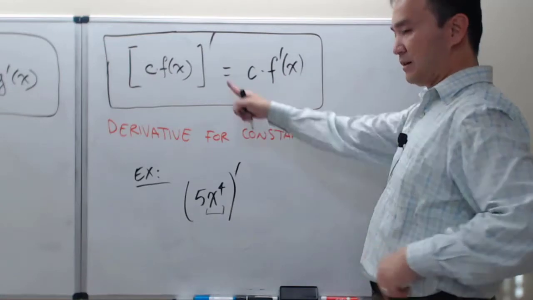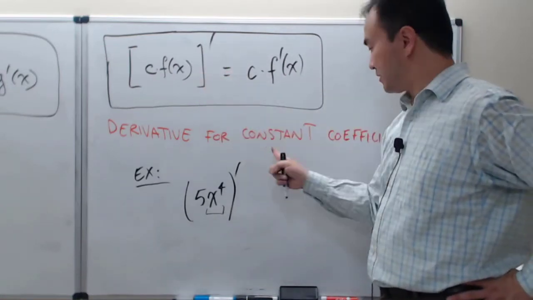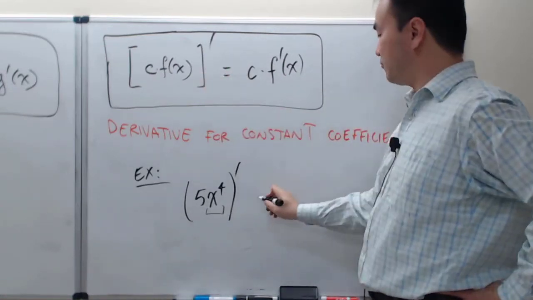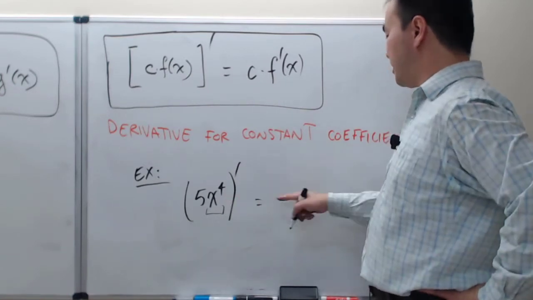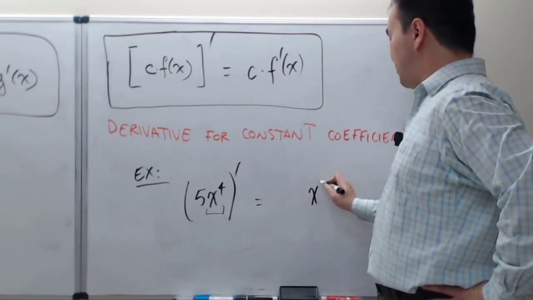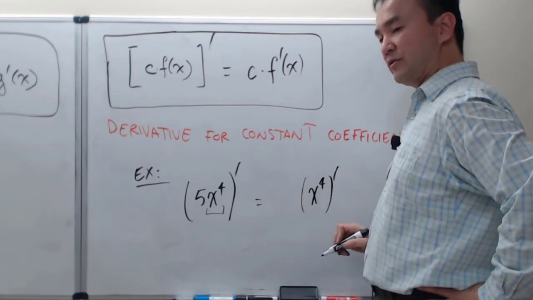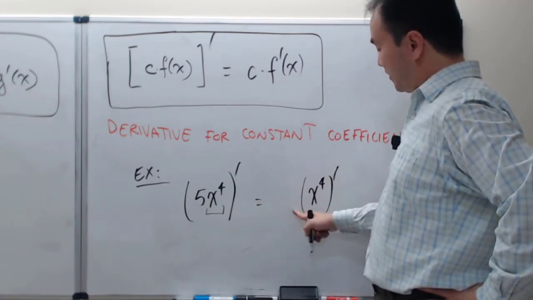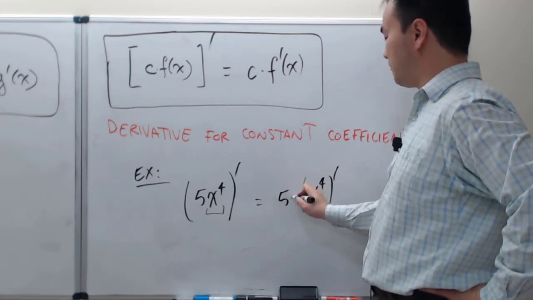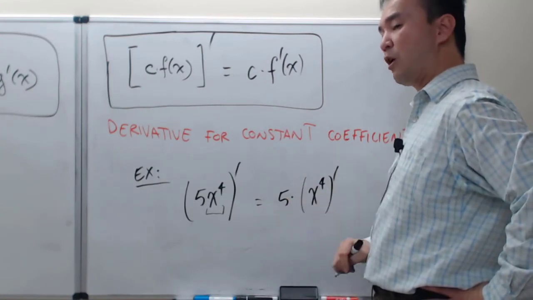With the rule about how we handle a constant coefficient, all we have to do is take the derivative of x to the 4th. That's the main one we have to be concerned about. Once we're done with that, the constant coefficient 5 just remains there and is multiplied all together.